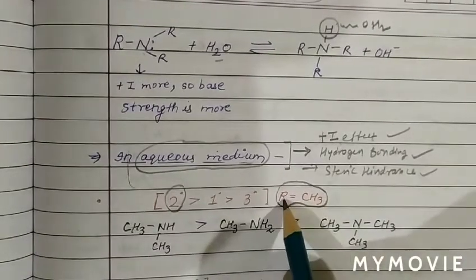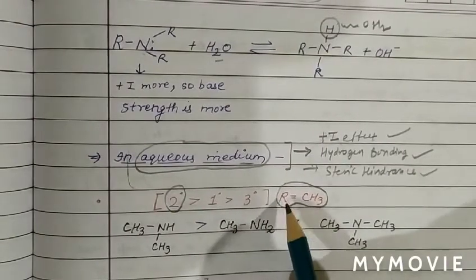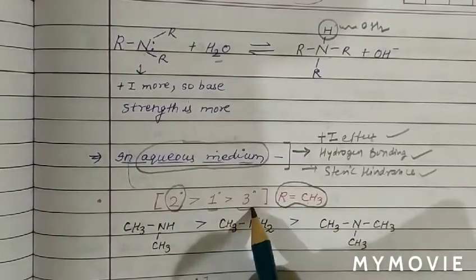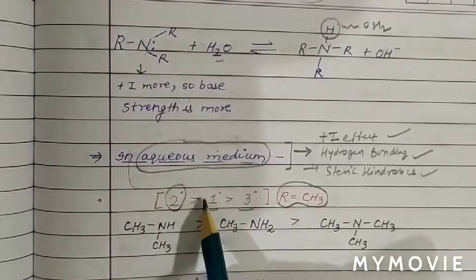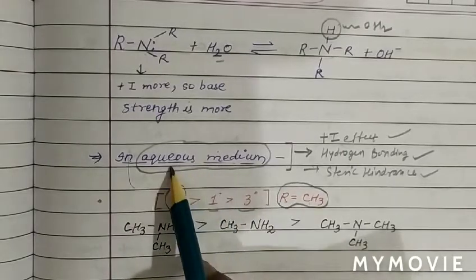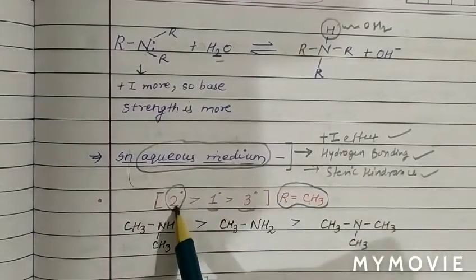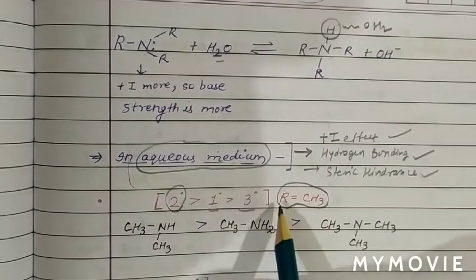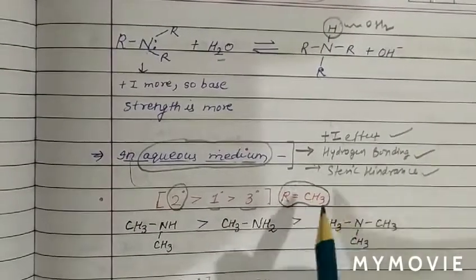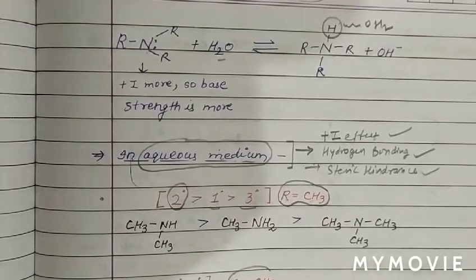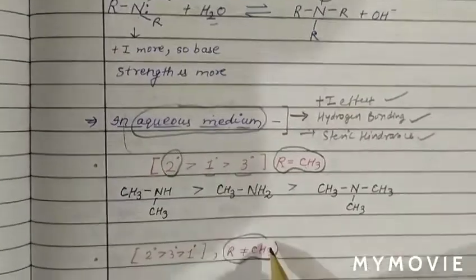While if the R group is an alkyl group, if the alkyl group is methyl, then the basic nature of 1 degree is more than 3 degree. So the correct order of basic nature of amines in aqueous medium when R is CH3: 2 degree amine more basic, then 1 degree, and then 3 degree.